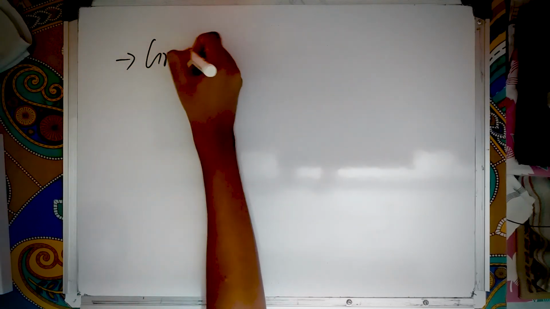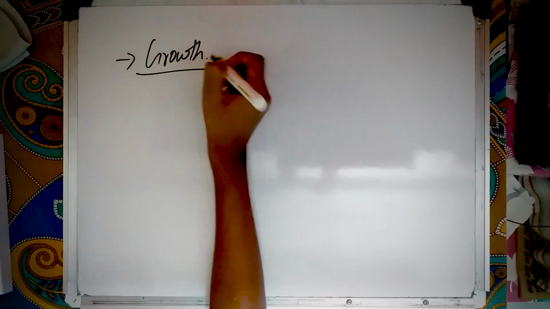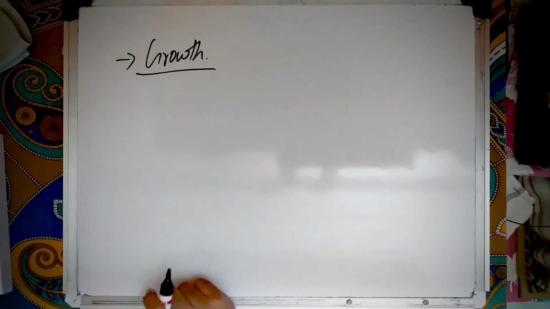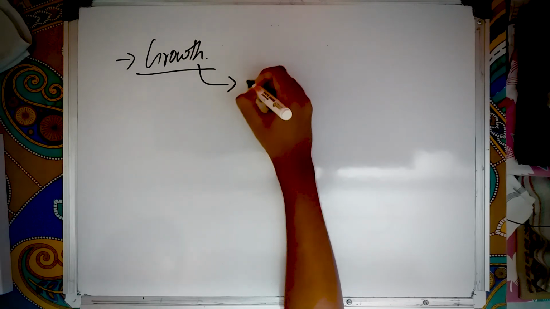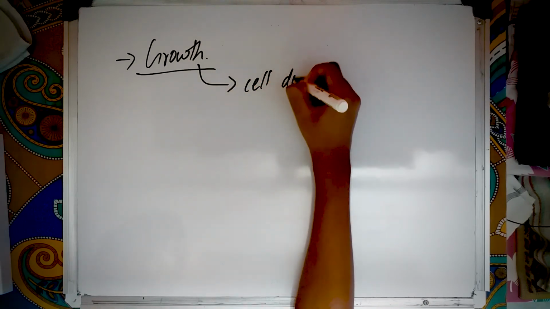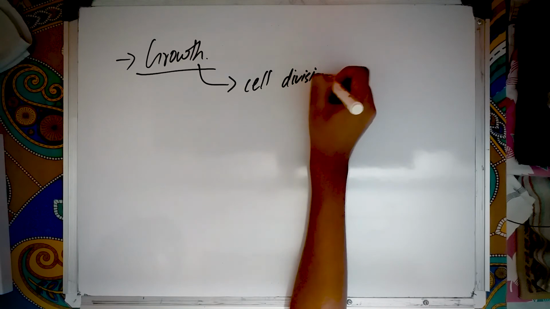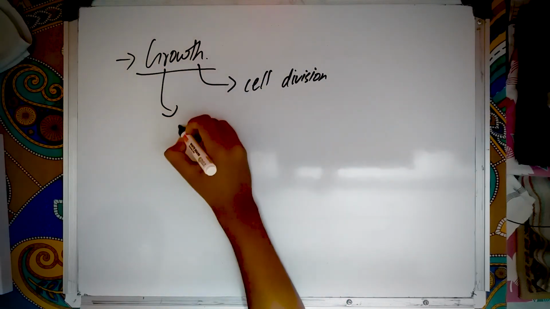That is growth and reproduction. Growth. Okay, how do we define growth? Growth can be either by cell division or by actual cell growth.